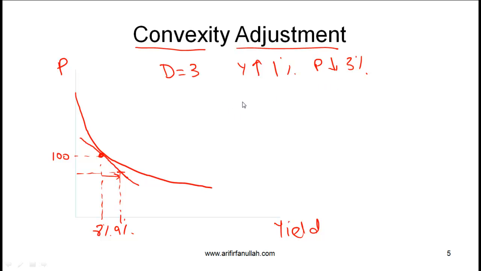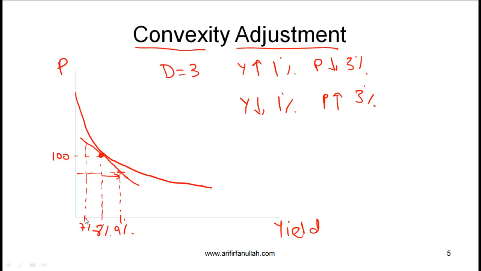And what if the yield goes down by 1%? If we go from 8% down to 7%, then according to the simplified duration measure, looking at this straight line, we expect the price to go up by 3%.